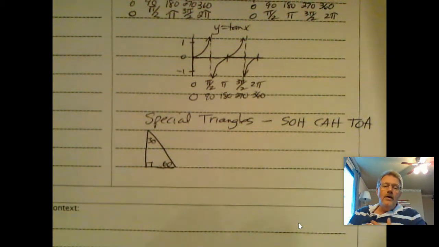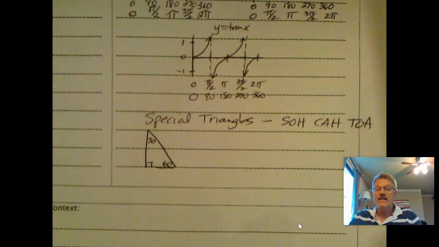For the 30, 60, 90 right triangle, remember similar triangles are the same shape, different size. So they're still going to have the 30, the 60, and the 90. It's just that the sides might be bigger. But for every 30, 60, 90 right triangle, the smallest leg is half the size of the hypotenuse.